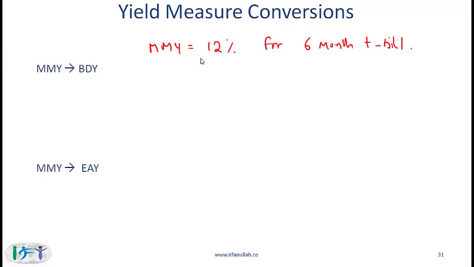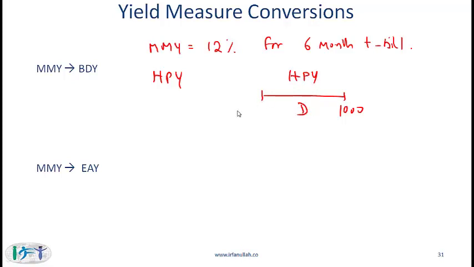The way you do this is first compute the holding period yield. Given a 12% money market yield and given that you know the formula for the money market yield, you can compute the holding period yield. Then, recognizing the fact that if you have a par value of 1000 and you know the holding period yield, that means you can find the discount.